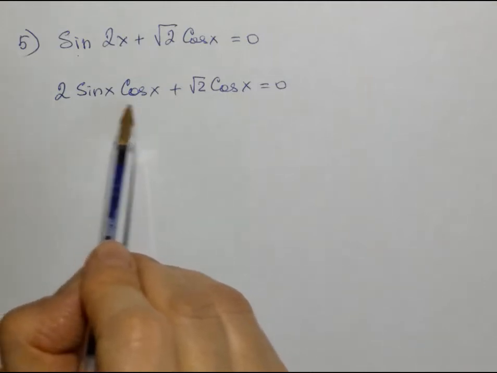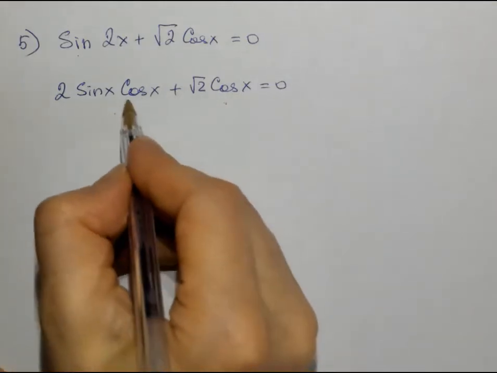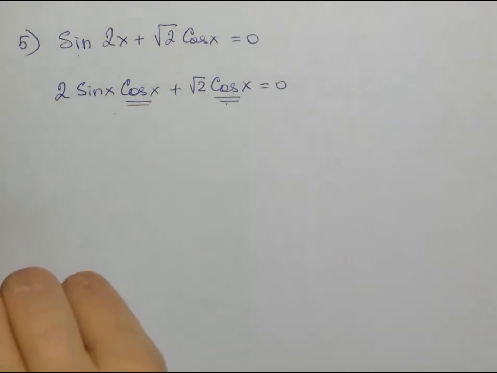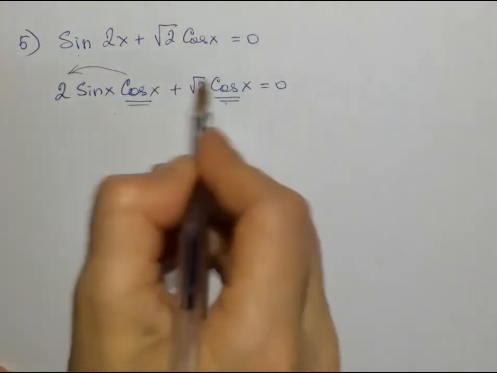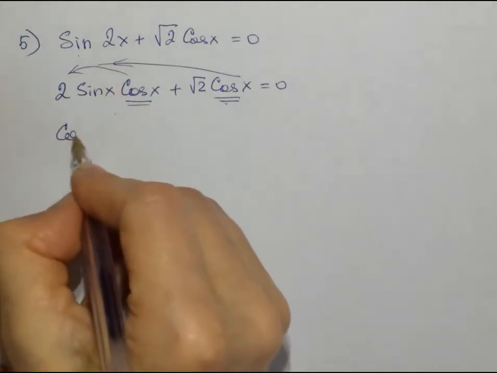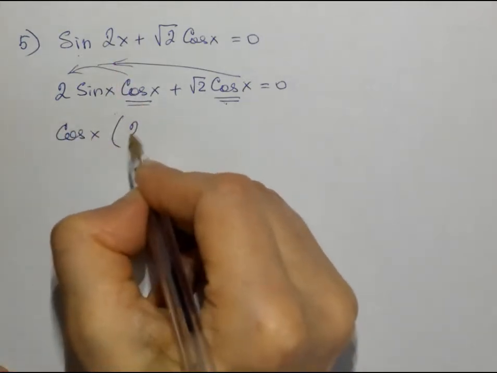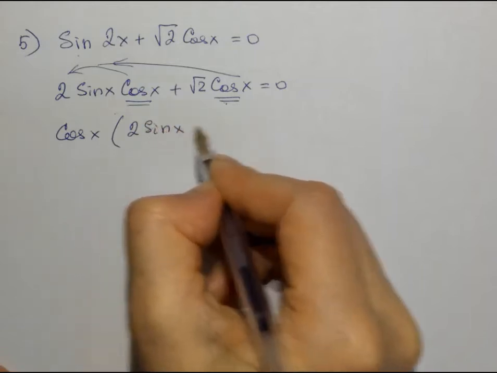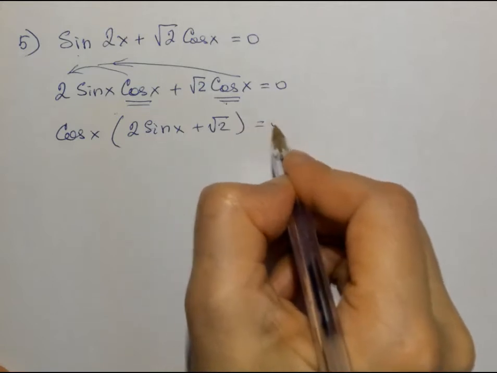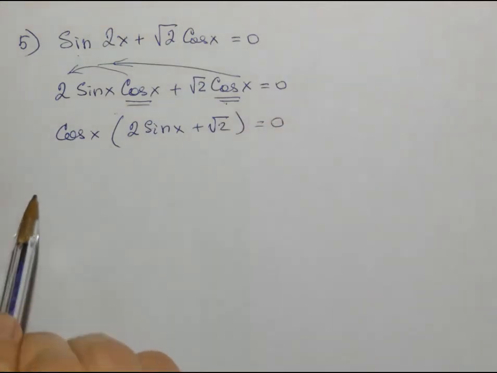Now look at this equation. We have two terms, and these two terms have the same factor, cosine x. We factor out cosine x. Cosine x times 2 sine x plus square root of 2 equals 0.